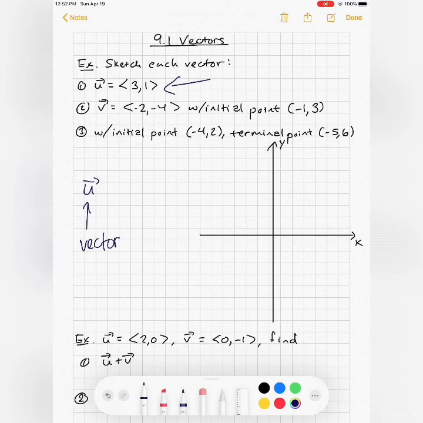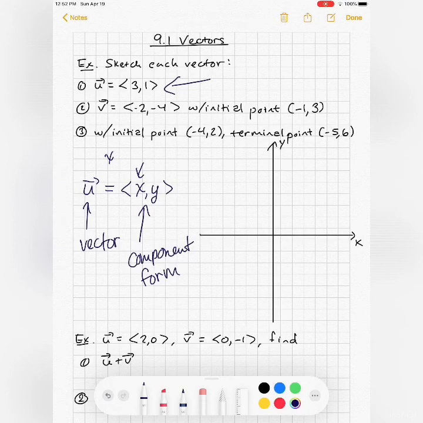Okay, and then the vector that I have written there with the angle braces, we call this the component form of a vector. We'll talk about one other notation you can use for writing vectors a little bit later. So here I notice that I have an x component or a horizontal component, and then I have a y component, or I could say a vertical component.